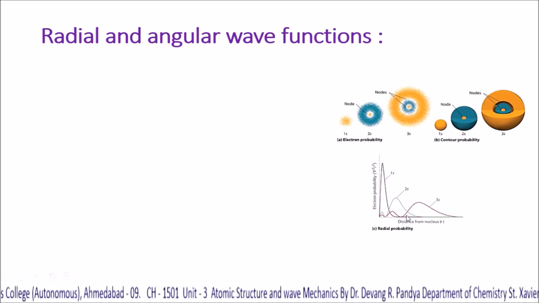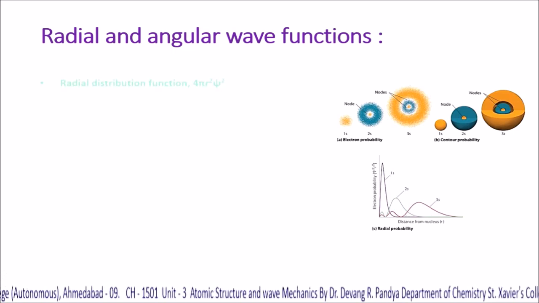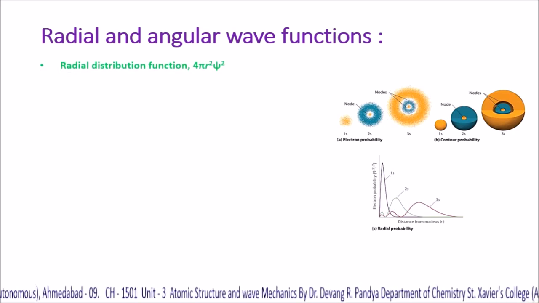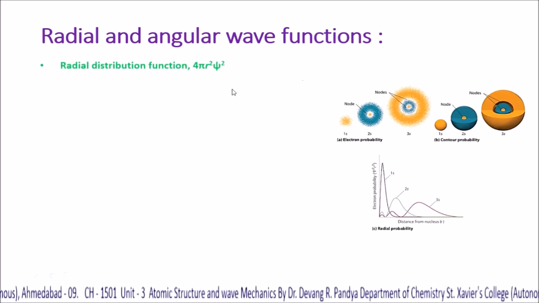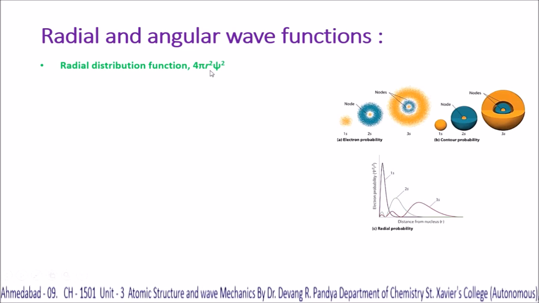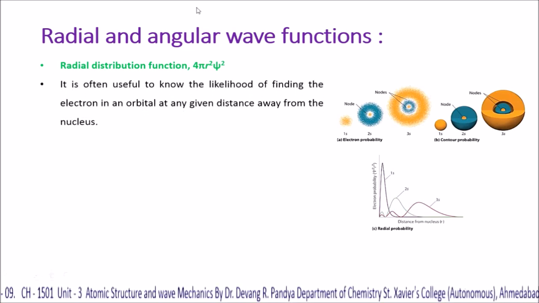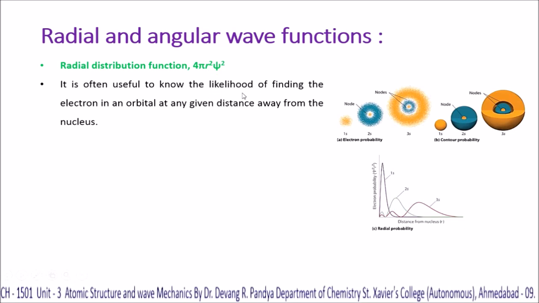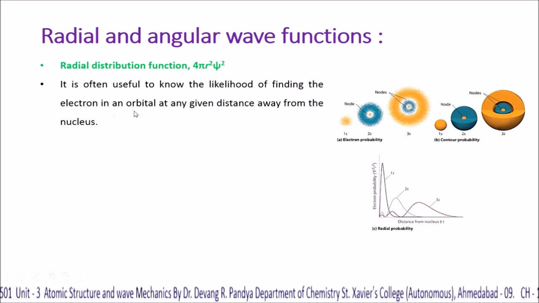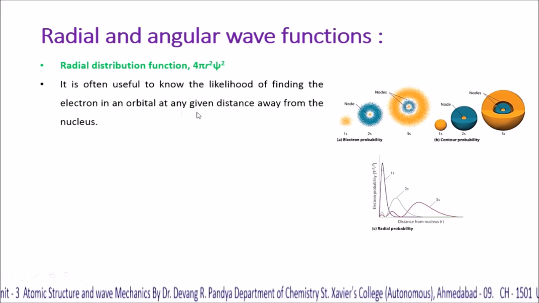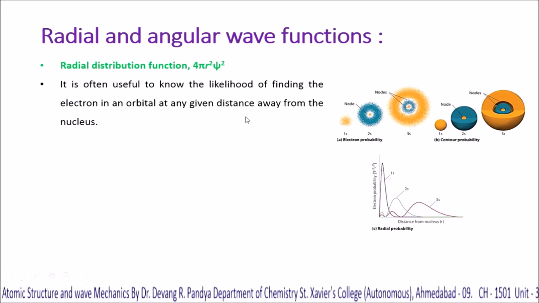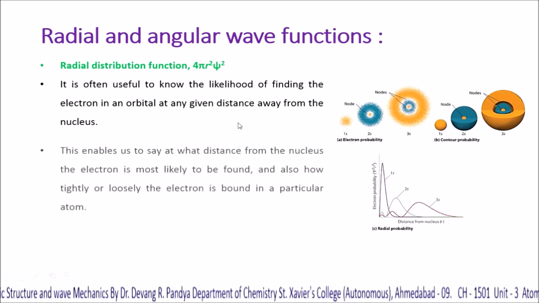So how this representation can be made, let's learn. Radial distribution function is represented by 4 pi r squared psi squared. It is often useful to know the likelihood of finding the electron in an orbital at any given distance away from the nucleus.